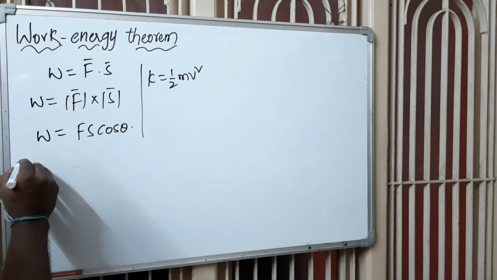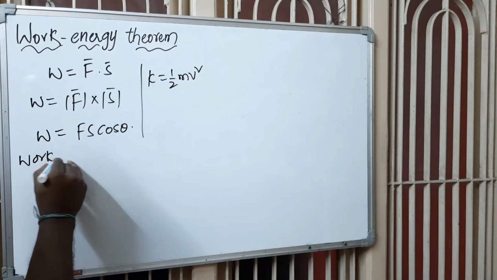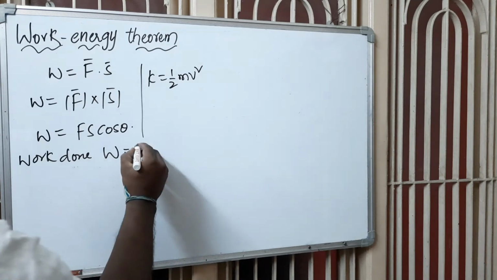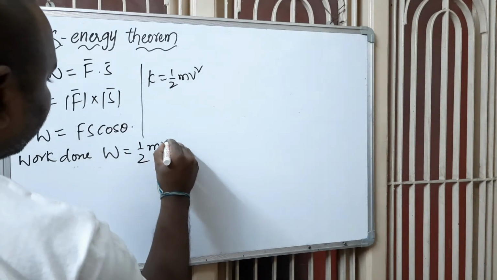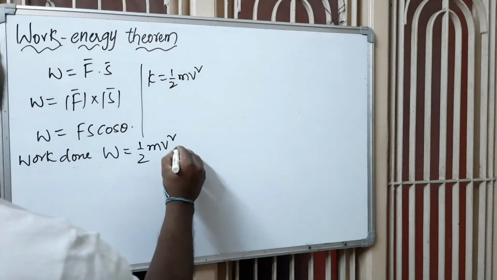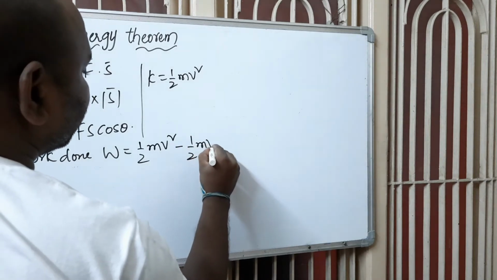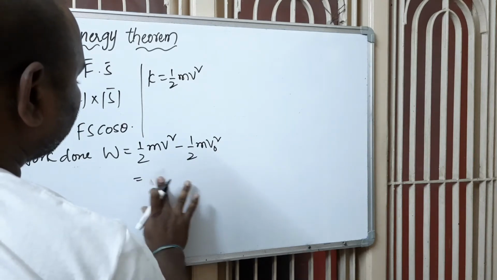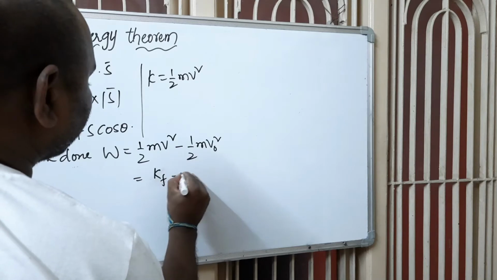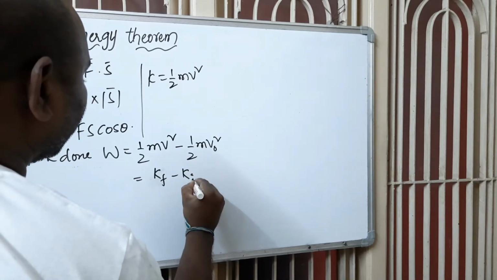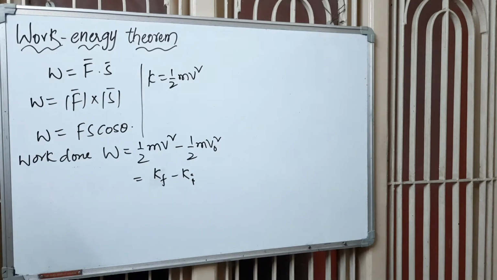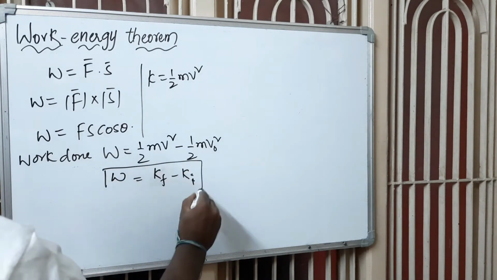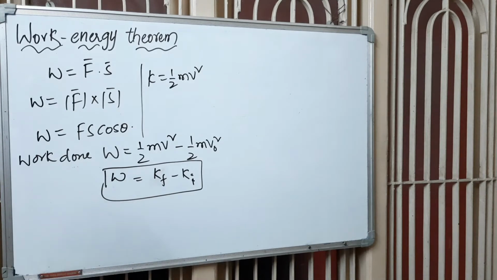That means work done W is equal to half m v square minus half m v naught square, which is nothing but K f minus K i. So now we are going to prove this one, W is equal to K f minus K i.